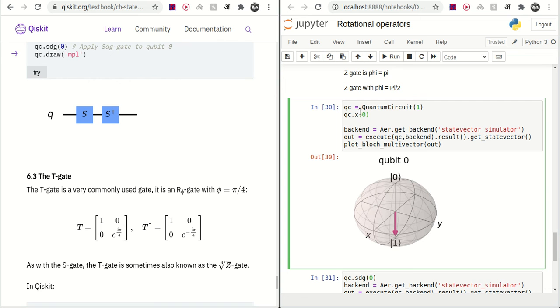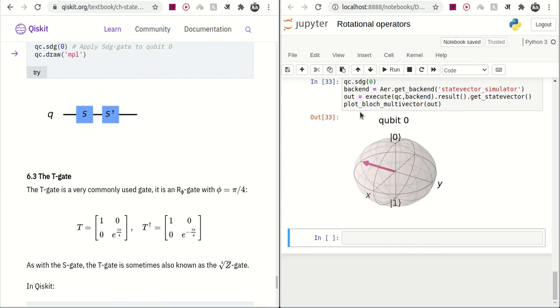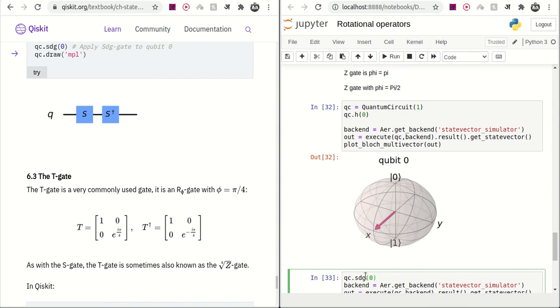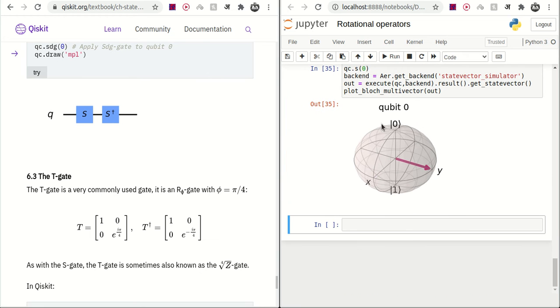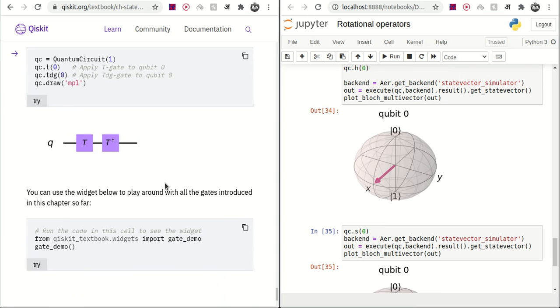First convert to the Hadamard basis. So if we use S, it comes here, and if S dagger, then it comes here. No problem with that.